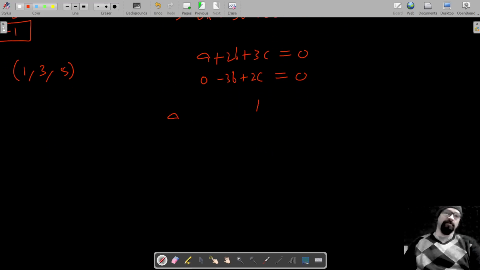Let's get the value of a, b, and c. So this can be written as 2, 3, 1, and 2, and this is negative 3, 2, 0, and negative 3.